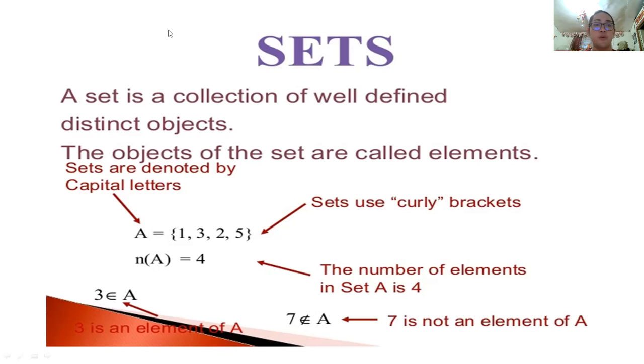Sets are denoted by a capital letter, as I have said a while ago, this one, capital A. And sets use curly brackets, as you can see. The number of elements of set A is 4. This is what we call cardinality.